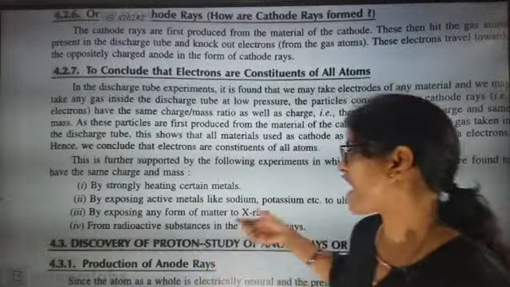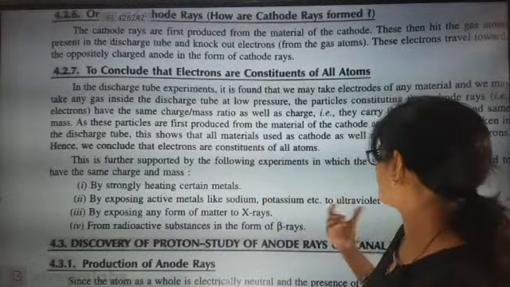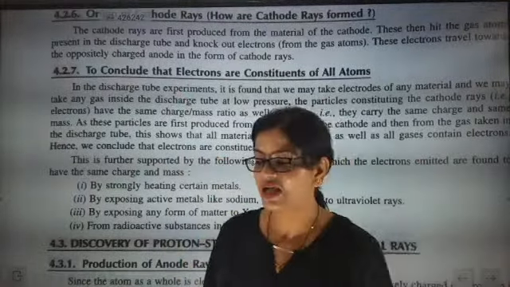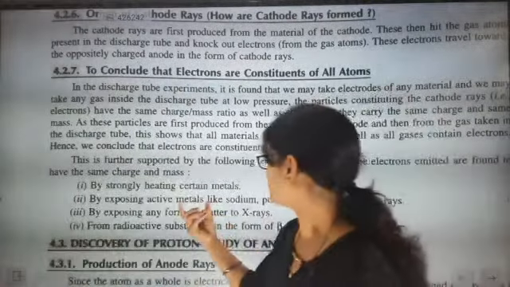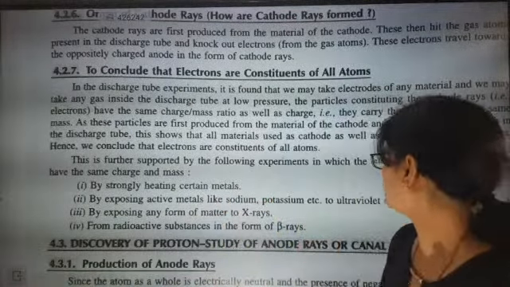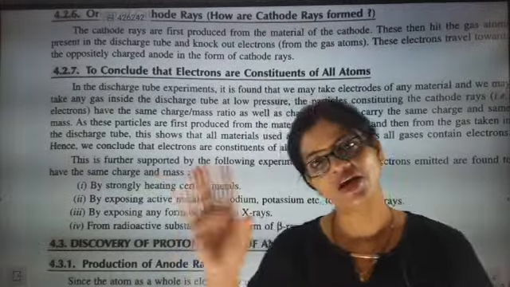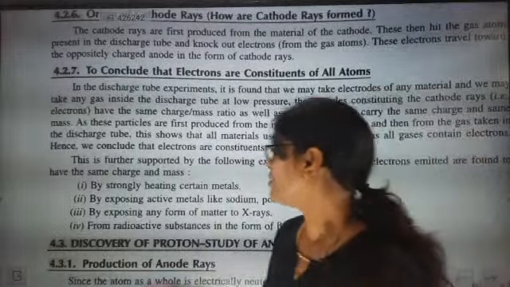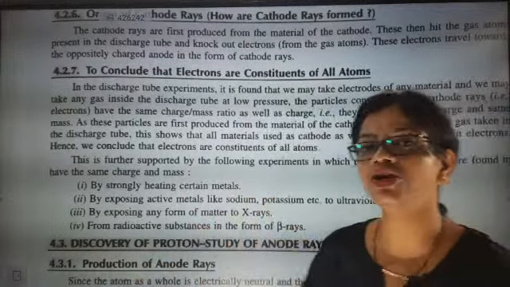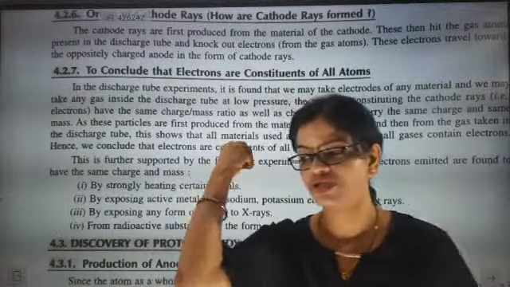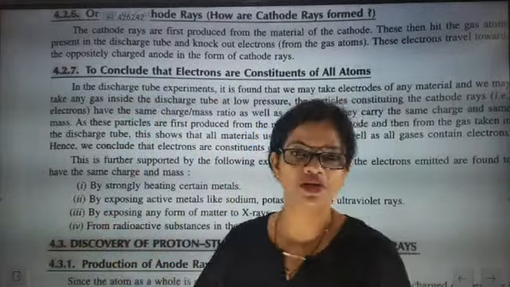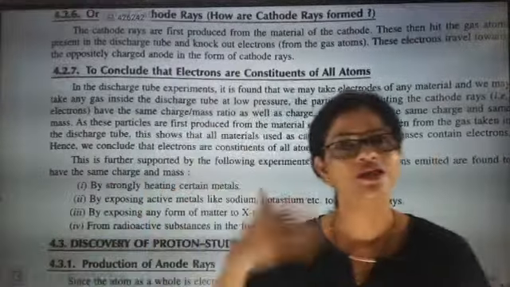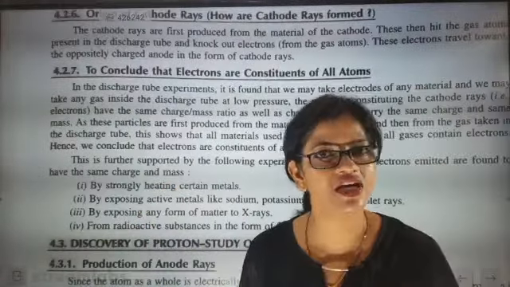They exposed the most reactive metals, sodium and potassium, to ultraviolet rays, and there also they saw that atoms contain negatively charged particles. They exposed matter to X-rays, and there they saw that the X-rays release electrons. Again they proved that electrons are negatively charged particles.